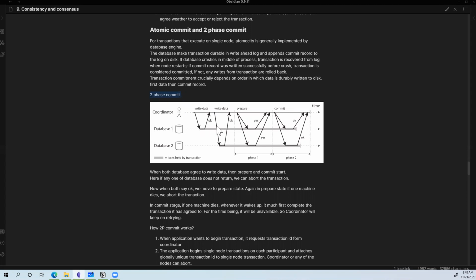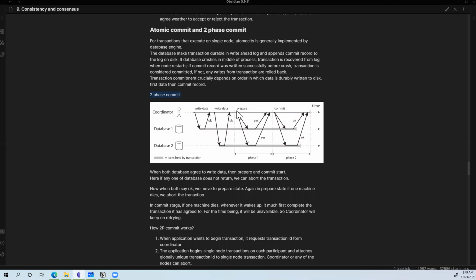And up till now, you have not written any value in the system; none of the values are committed. Now, in this prepare phase, if this node responds yes, and the other has failed or has not responded and there is a timeout, then again the transaction will be aborted, and still nothing has been written to these two databases.